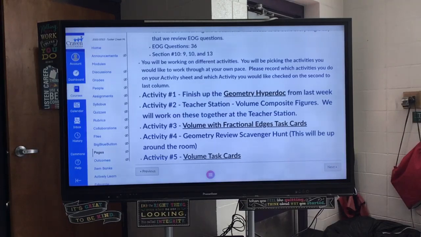If you're doing the scavenger hunt, are you working with a partner? No. And be mindful if people are sitting around the room, just to be like, excuse me, you know, don't be rude or anything. But you use your time wisely. We have about 20 minutes left, give or take. So try to get some volume practice in today, some way, shape, or form.